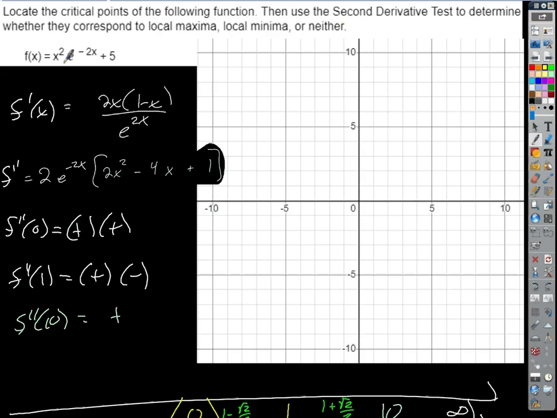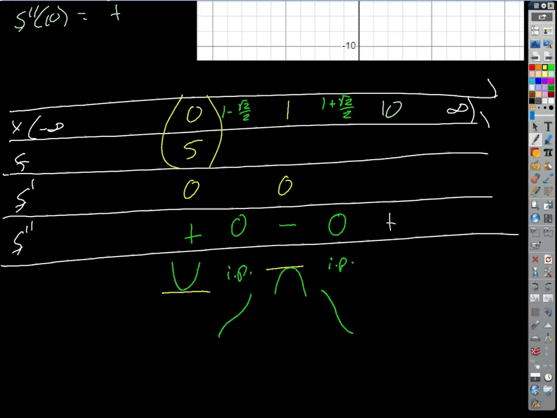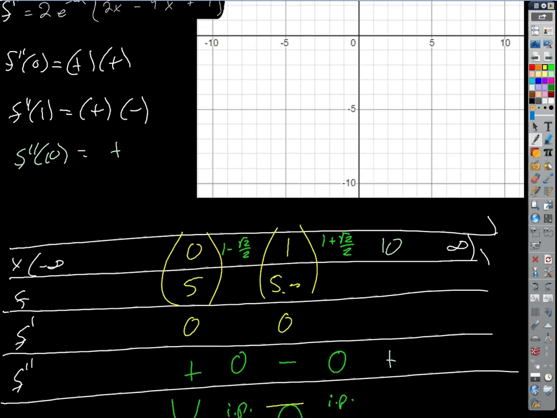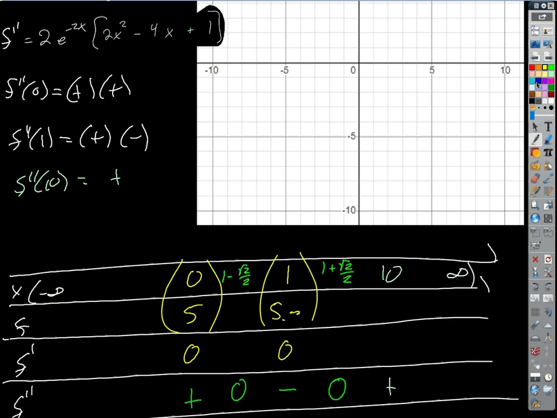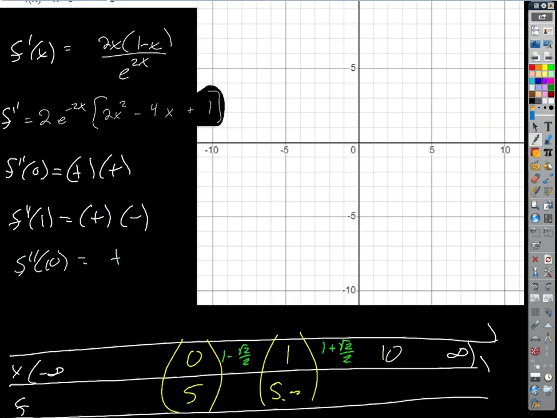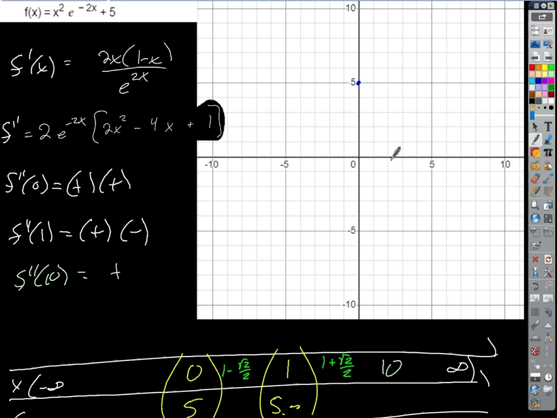I'm going to get 1 over e squared, so 1 over e squared is going to be like a quarter-ish, a fifth, something like that, plus 5, so I'm going to get something a little bigger than 5, but not much. So just like 5 point something. And if we graph those on our function up here, we get 0, 5, and 1, 5 point something.